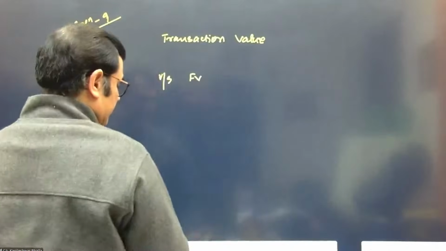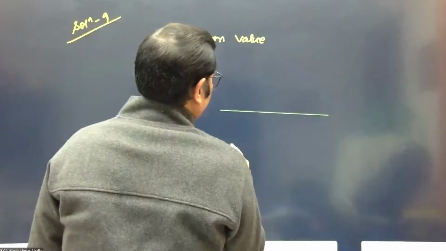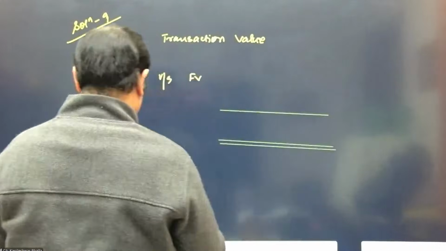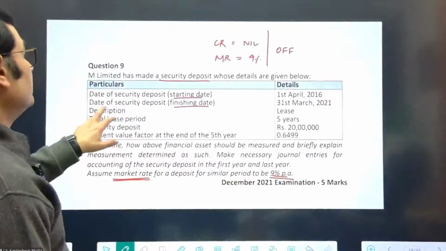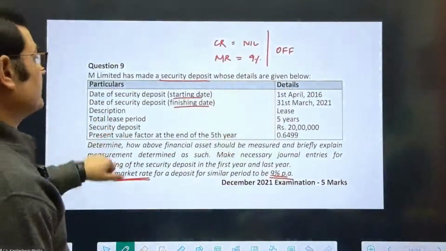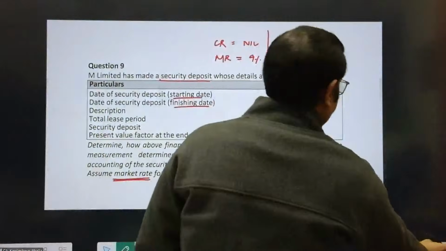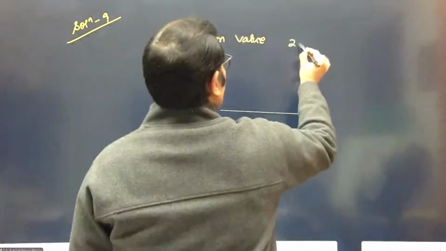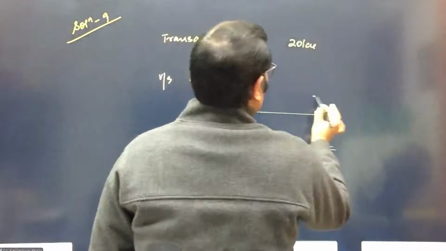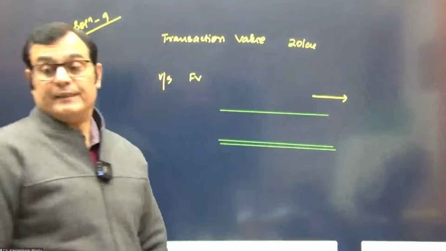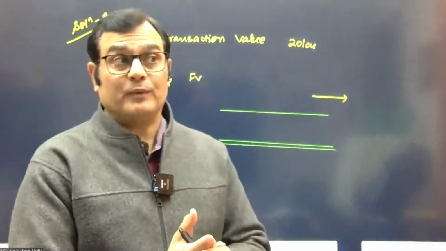And the difference is going to be treated as right of use asset. So let's see what is the transaction value. So we given the deposit is to the extent of 20 lakhs. That is the transaction value. And would you like to tell me how would I get the fair value? Present value of what?